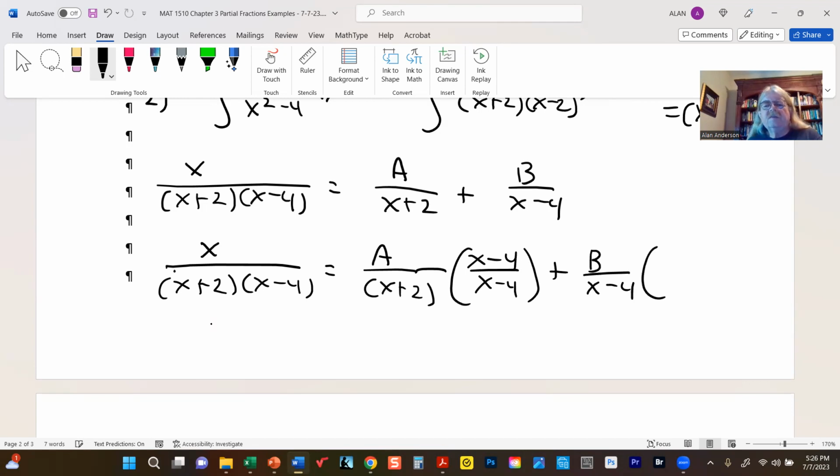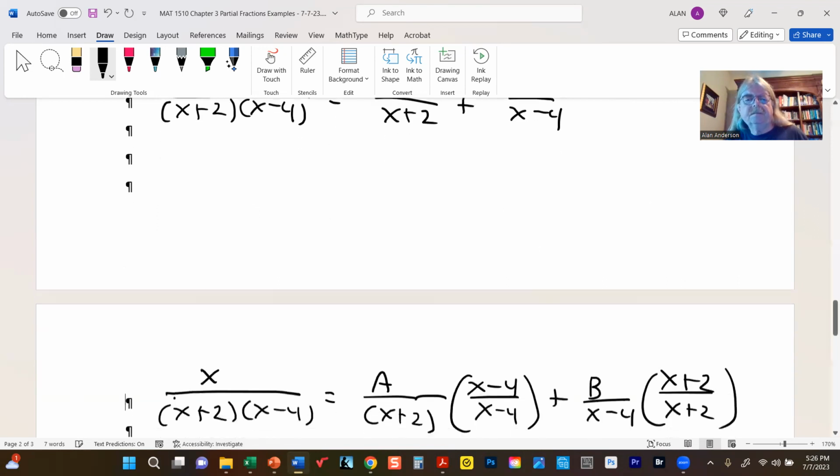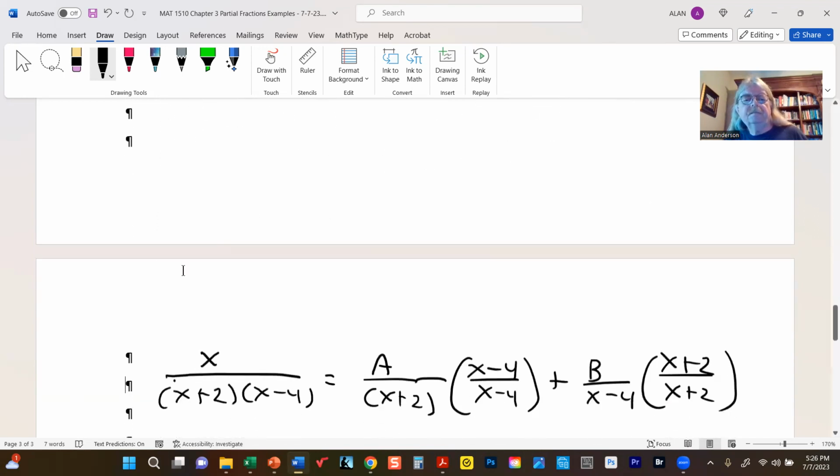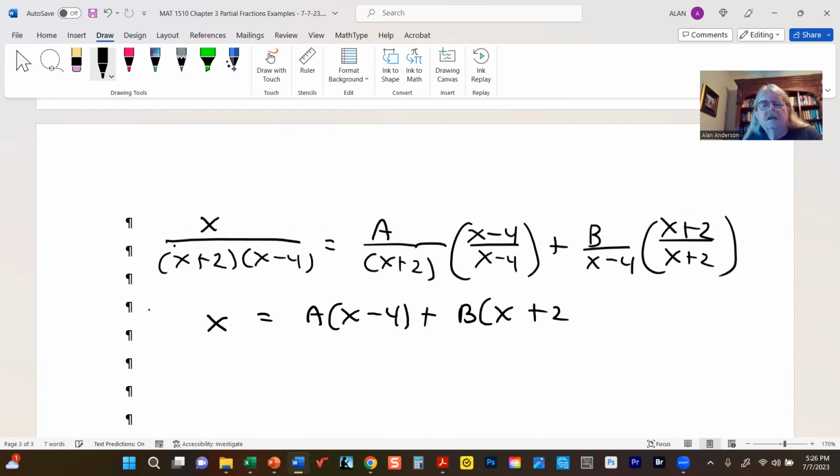And here I'll have x plus 2 over x plus 2. All right, so since now all the terms have the same common denominator, we can just write this again in terms of the numerators. And we're going to gather together like terms.